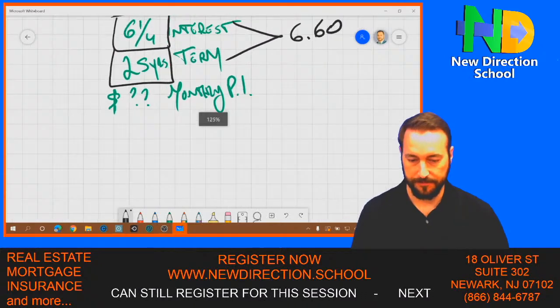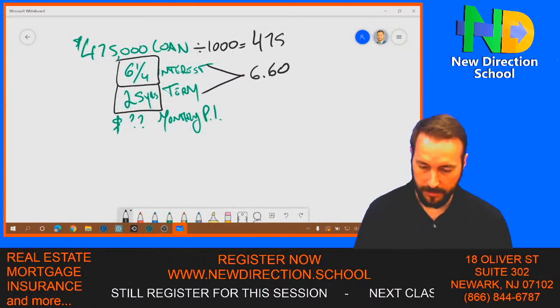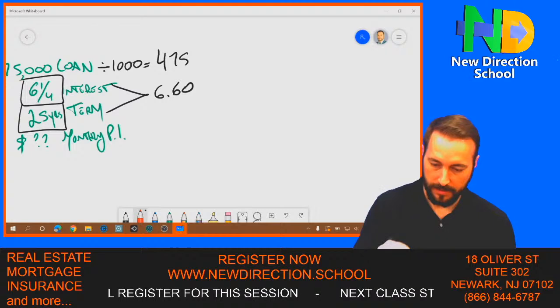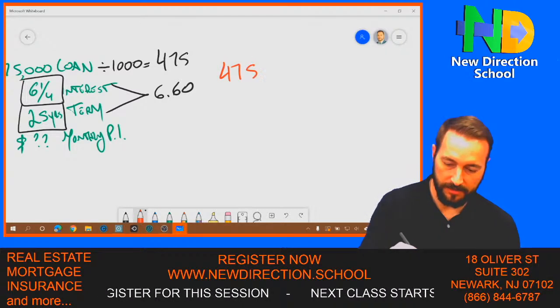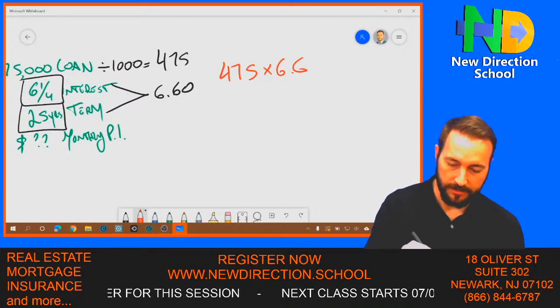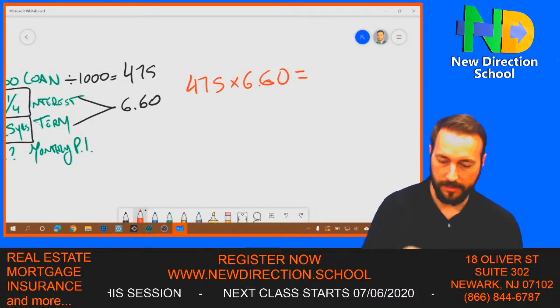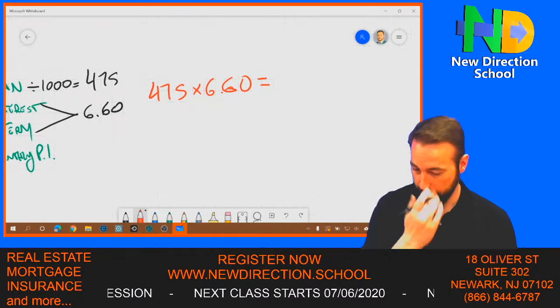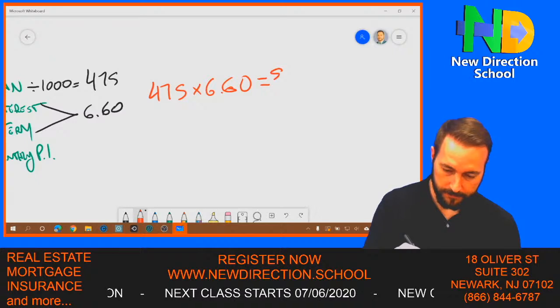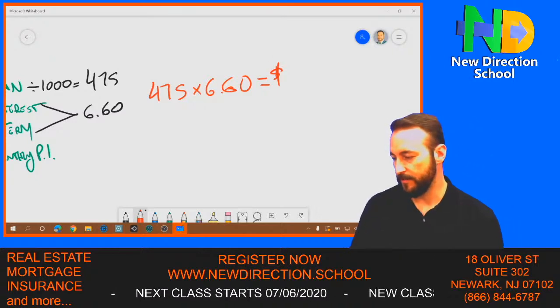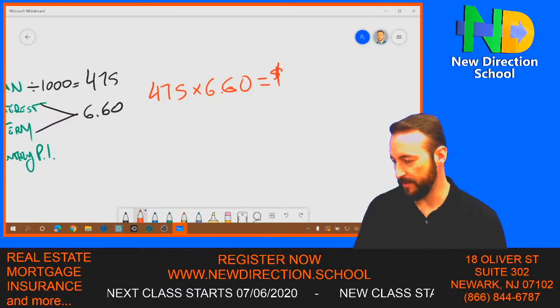Multiply these numbers. I'll do it here. So 475 times 6.60, and that equals, right? I was trusting you guys, so I did not do my math.